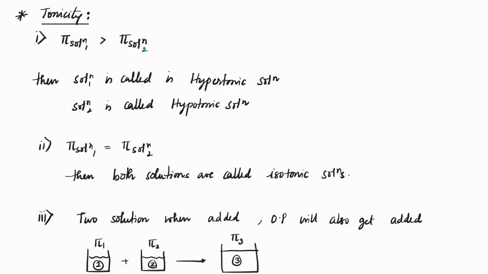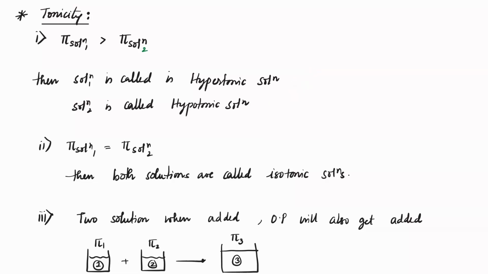In medical terms also, if you see solutions which are very thick, they are usually written as hypertonic, and solutions which are very light and have very little solute, we call hypotonic solutions. So hypertonic means high osmotic pressure, hypotonic means low osmotic pressure.